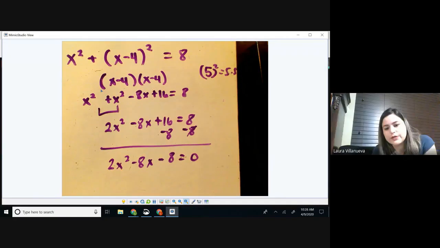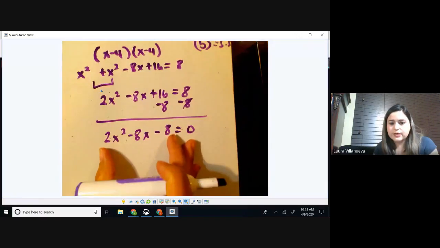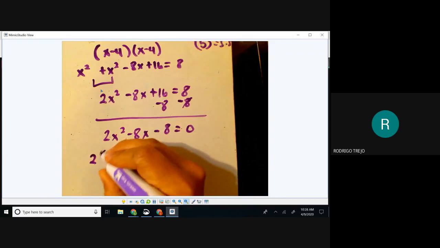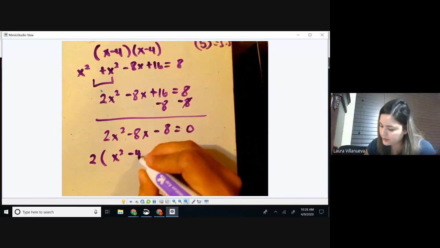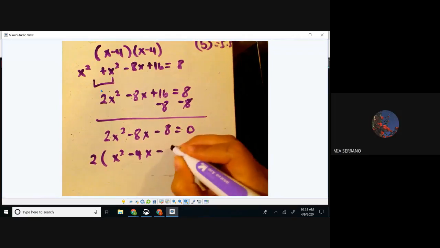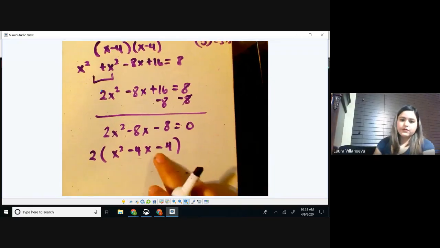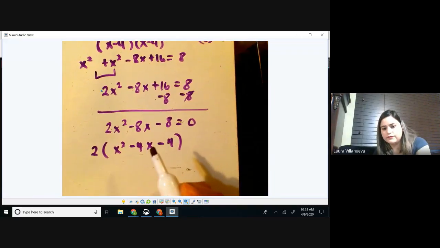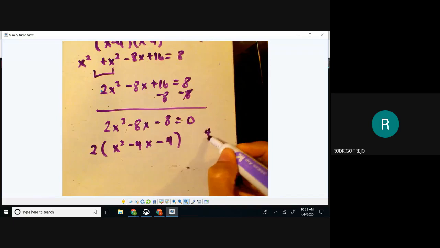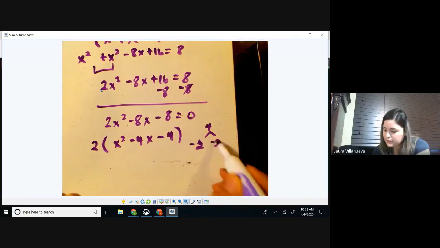So then from here, you can ask yourself factors of... I can actually take out a 2, right? Sí. That way it's simpler. Factors of 4 that give you 4. What are they? 2 times 2. But they have to be negative.